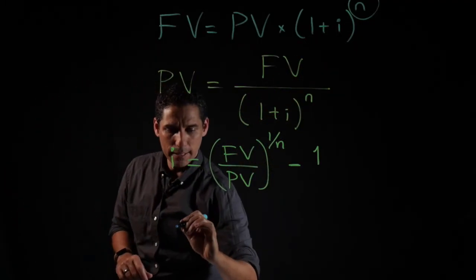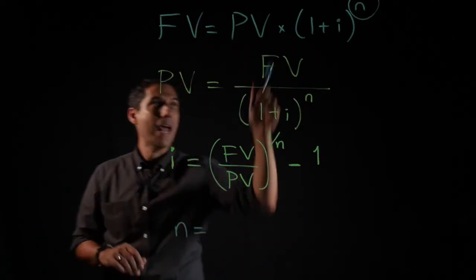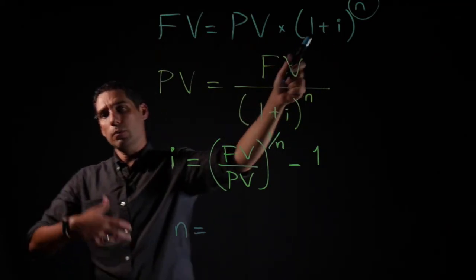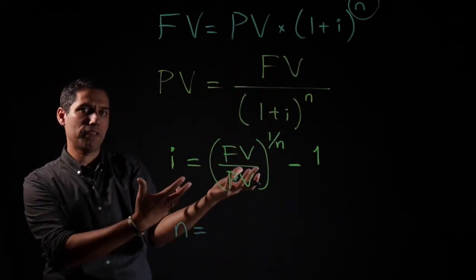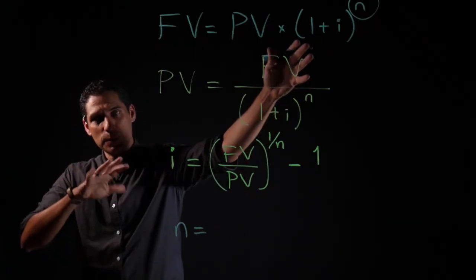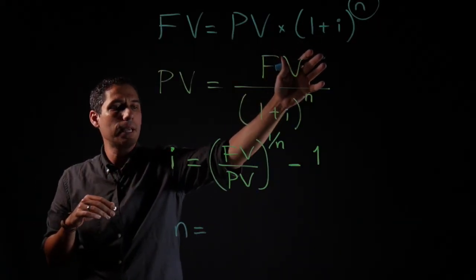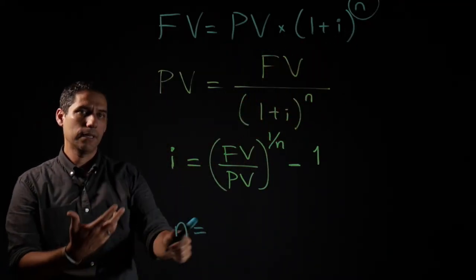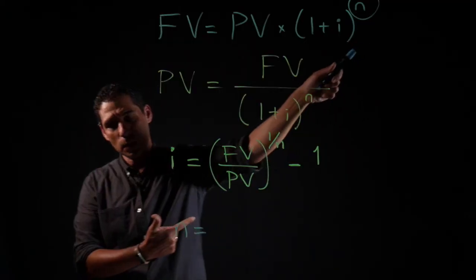So you know again your starting point and your ending point, PV and FV. And let's say you know what type of opportunity you will invest your money in, say a bank account or bonds or stock market. So you have an expectation about what the growth rate will be. And you're wondering, how many years will it take to reach my target? So now we need to leave n alone, but this is an exponential term.